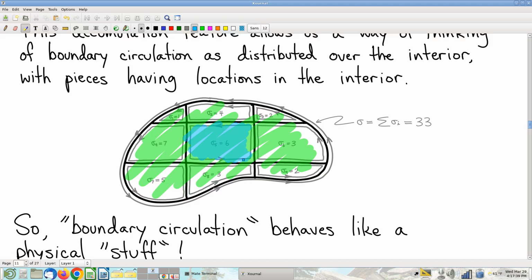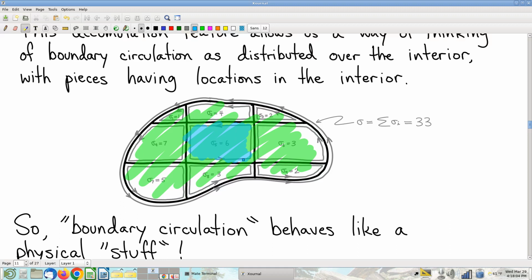Just like any other accumulating quantity, let's talk about it in terms of mass. How much of the mass in the green region is in the blue region? Natural, easy, perfectly reasonable question, because the blue region is part of the green region. It's a subset of the green region. It's one of the pieces that, between it and several others, makes up the whole green region.